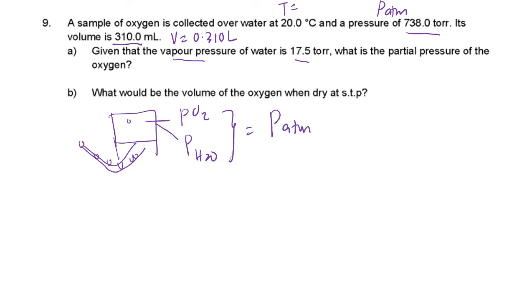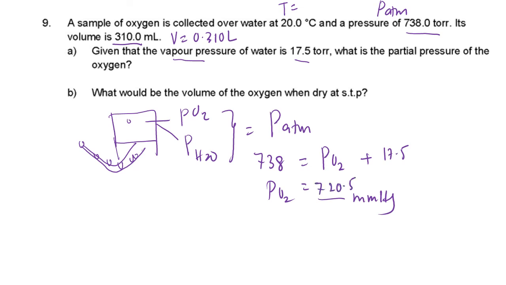The atmospheric pressure from the question is 738 torr. So PO2 is unknown and PH2O is 17.5 torr. Solve for PO2. The partial pressure of oxygen is 720.5 mmHg. So we have completed question 9A.